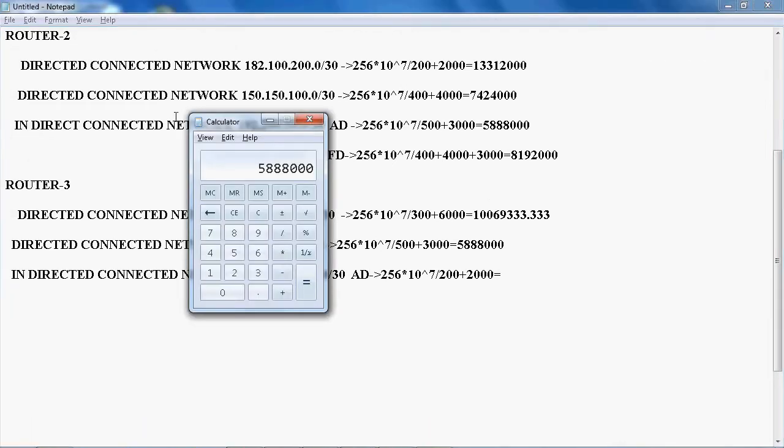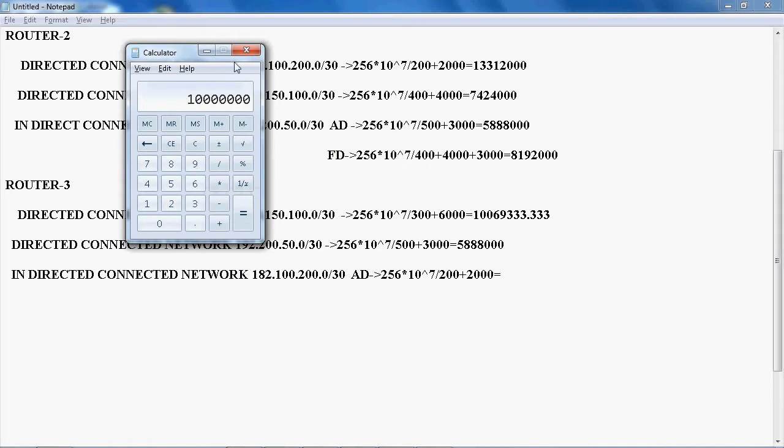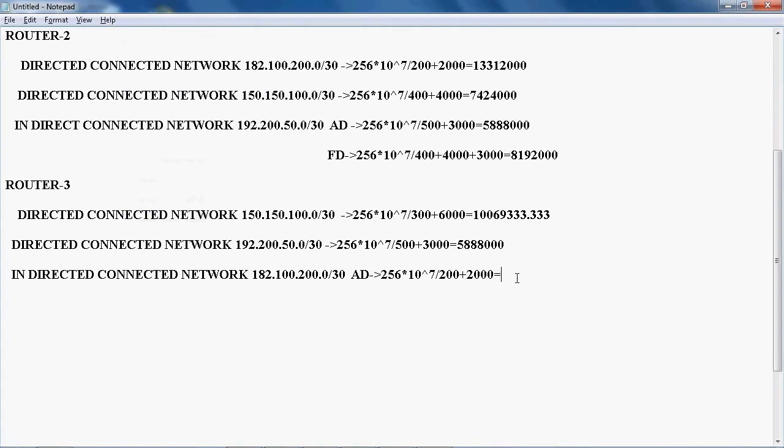Using the calculator we can calculate the value. 10 power 7 divided by 200 plus 2000 into 256, so the answer is 1331 2000.